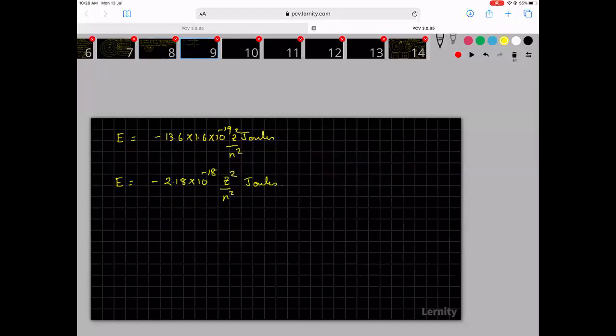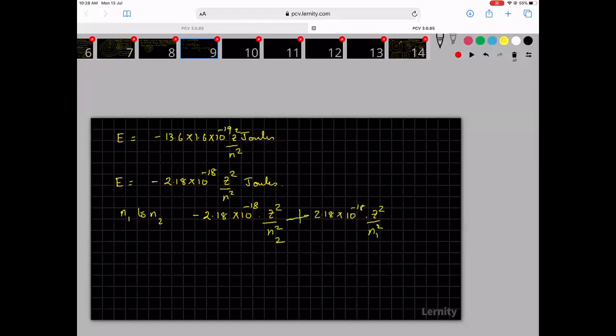Now suppose an electron has jumped from n1 to n2. What is the final energy? Minus 2.18 into 10 power minus 18 into z squared by n2 squared. What is the initial energy? Minus 2.18 into 10 power minus 18 into z squared by n1 squared.